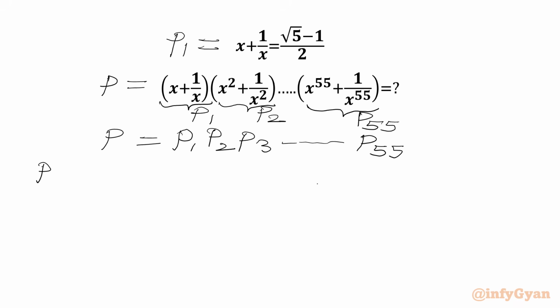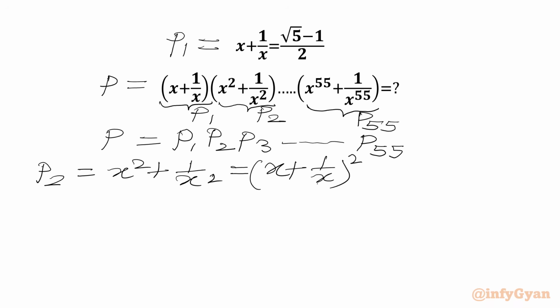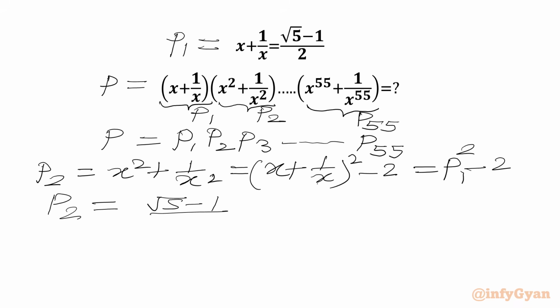Let's find the P2 value. P2 will be equal to x square plus 1 over x square. Using the algebraic formula, we can write this as (x plus 1 over x) whole square minus 2, or we can write P1 whole square minus 2. So P2 will be equal to ((root 5 minus 1) over 2) whole square minus 2.